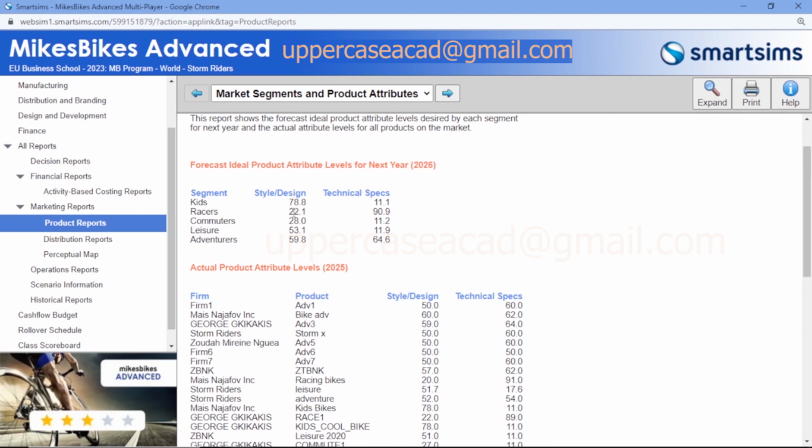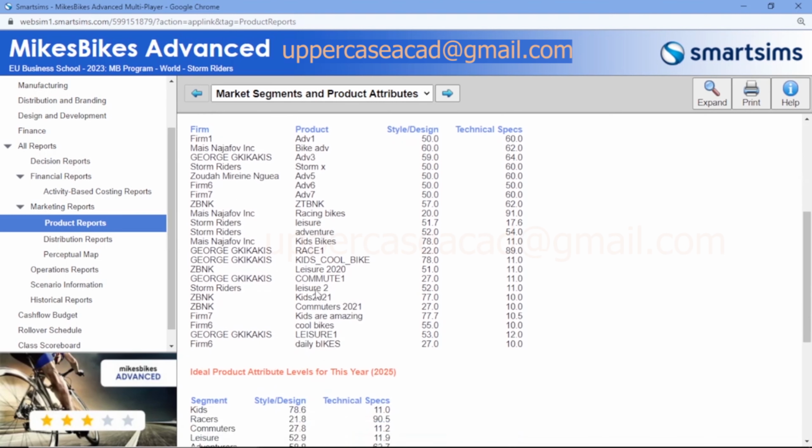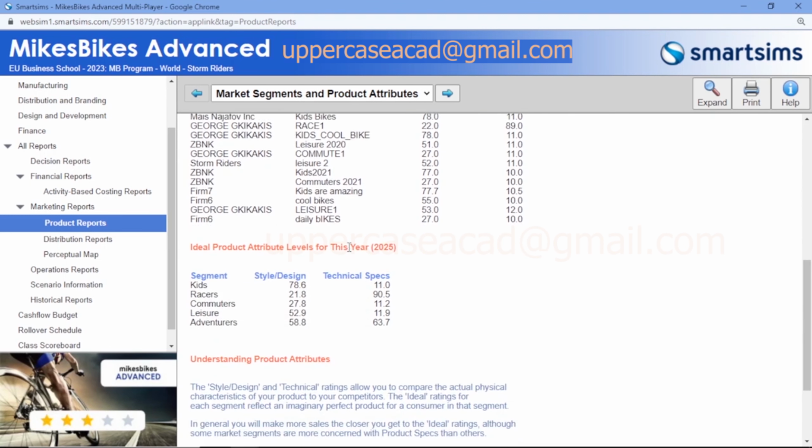And for the racers, you see that they don't care about style. What they want is a bicycle which is more technical. Here we have the actual product attributes for your product. You can see they are listed here.